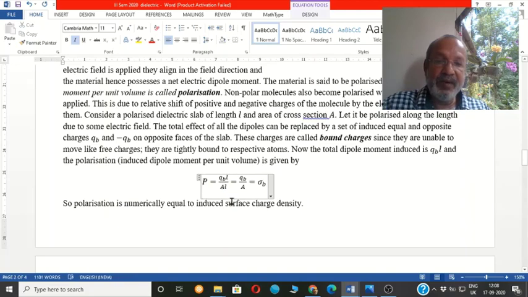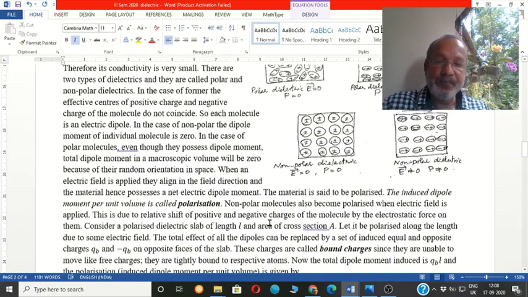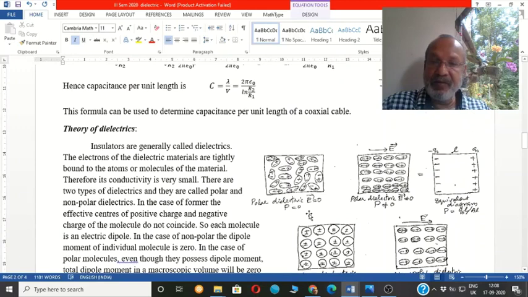And what is the volume of the specimen, or volume of the dielectric?